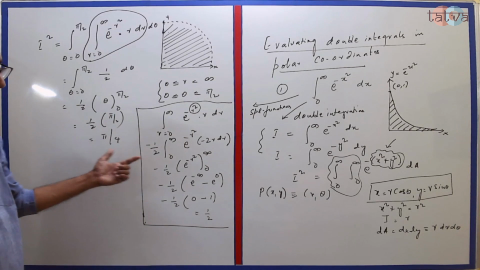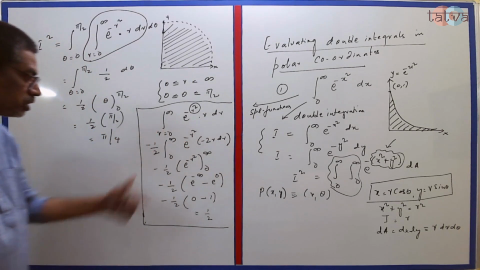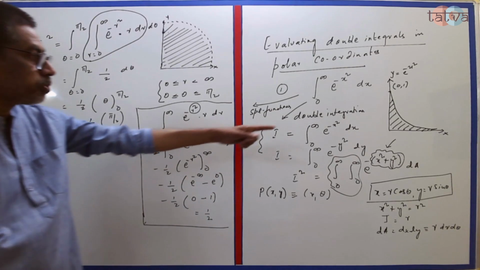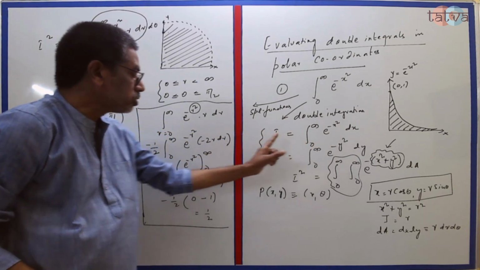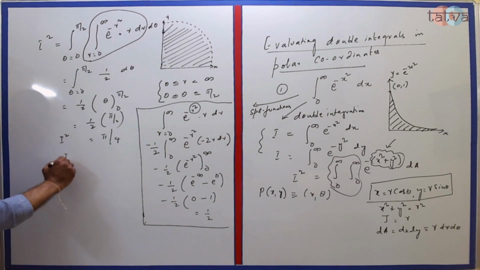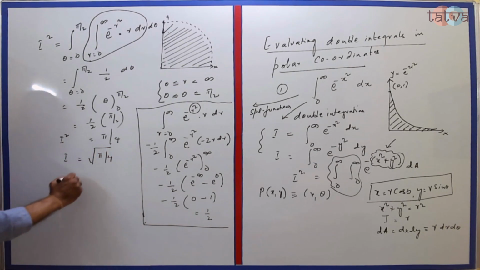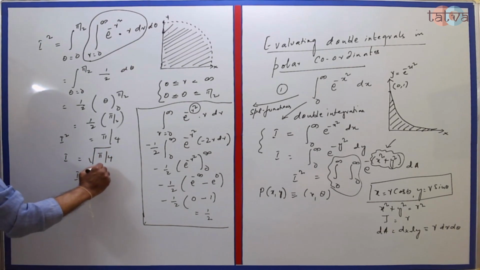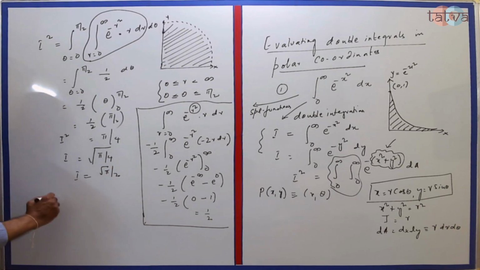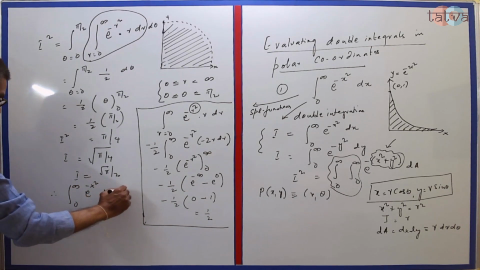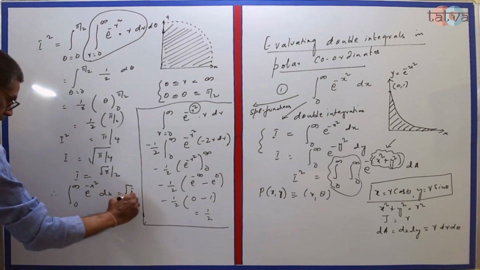But don't forget, this output is the output for I square. But our original problem is this. So I take the square root of pi by 4. So it is root pi upon 2. Therefore, integral 0 to infinity e power minus x square dx will be square root of pi divided by 2.